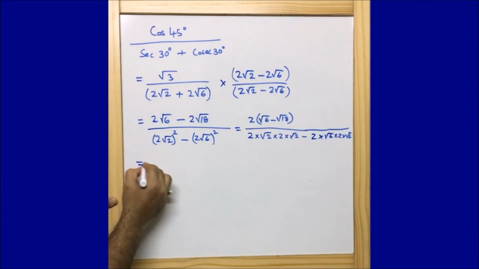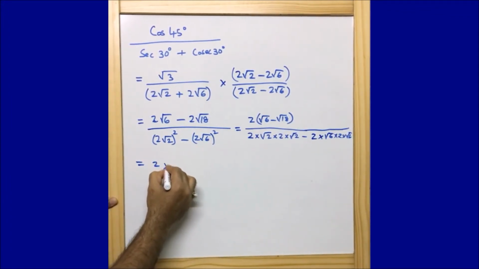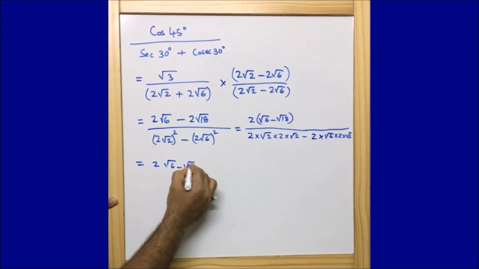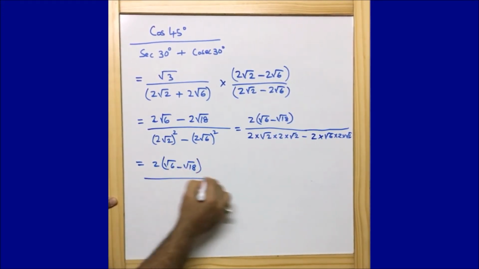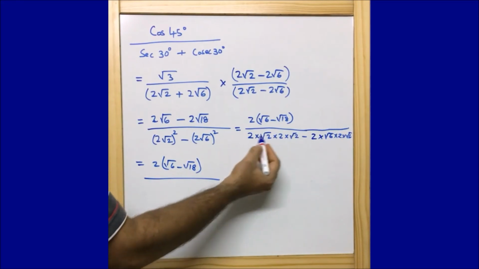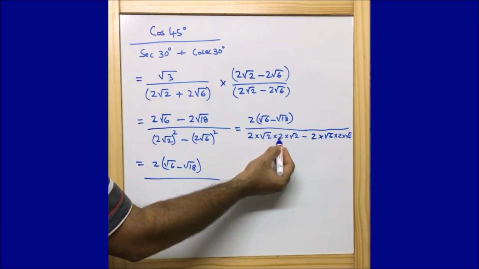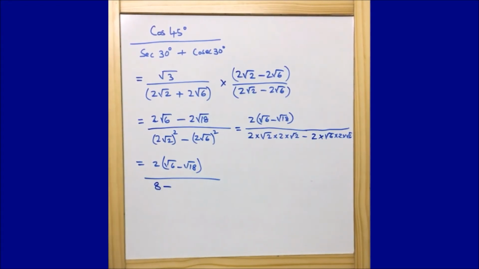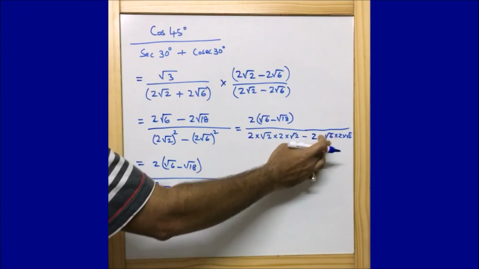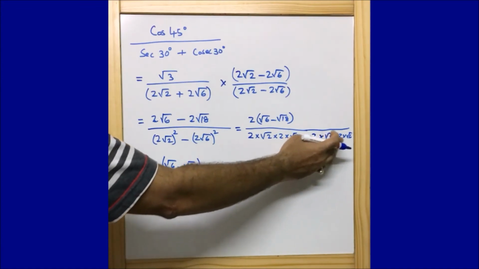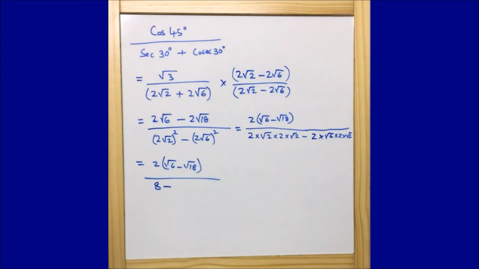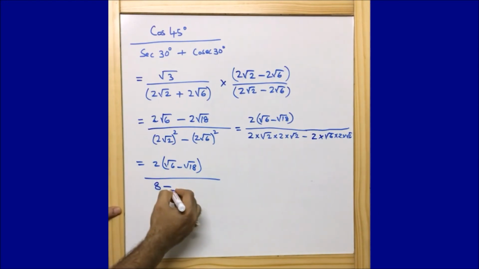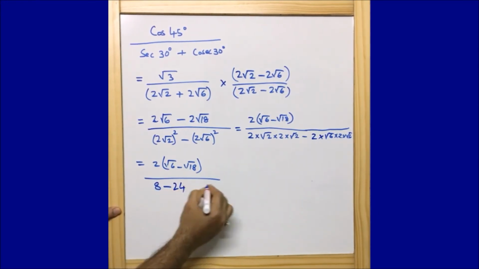Now that is equal to 2 root 6 minus root 18 upon root 2 into root 2 is 2. So we are left with 2 into 2 into 2, that is 8. 2 2s are 4, 2 4s are 8. And similarly here we are left with 2 2s are 4, and root 6 into root 6 is 6, 4 6s are 24. So I am left with 8 minus 24.